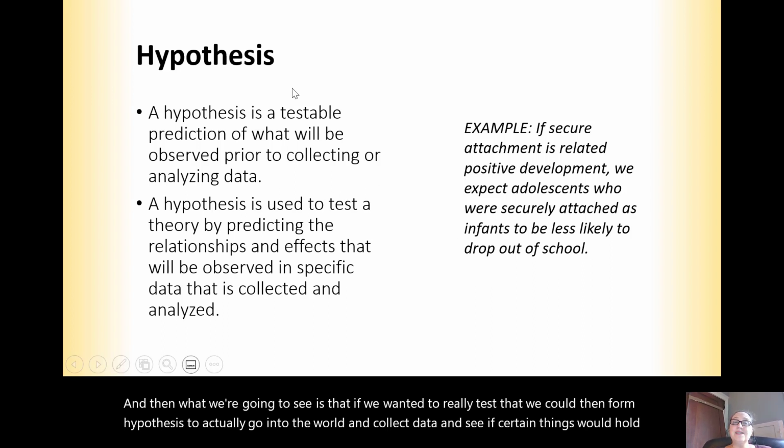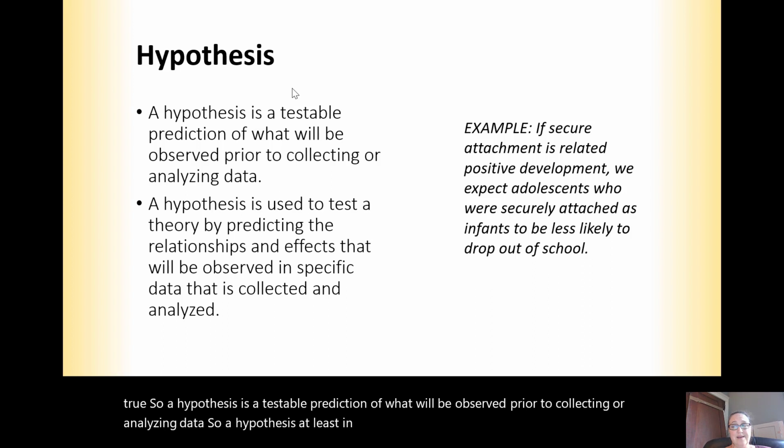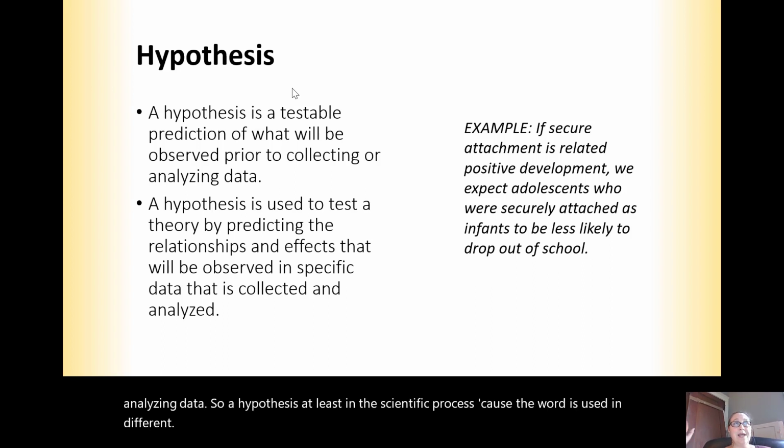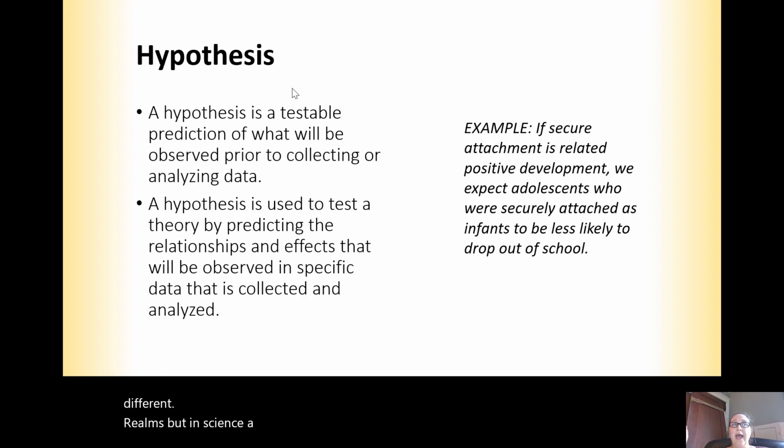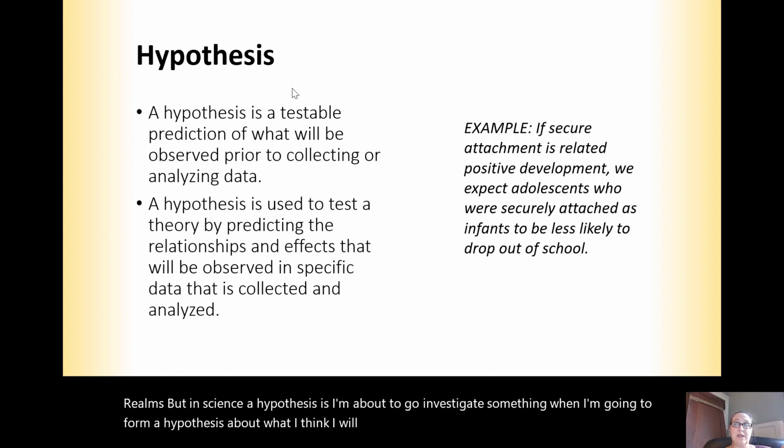So a hypothesis is a testable prediction of what will be observed prior to collecting or analyzing data. So a hypothesis, at least in the scientific process, because the word is used in different realms, but in science, a hypothesis is, hey, I'm about to go investigate something, and I'm going to form a hypothesis about what I think I will find based on a theory.